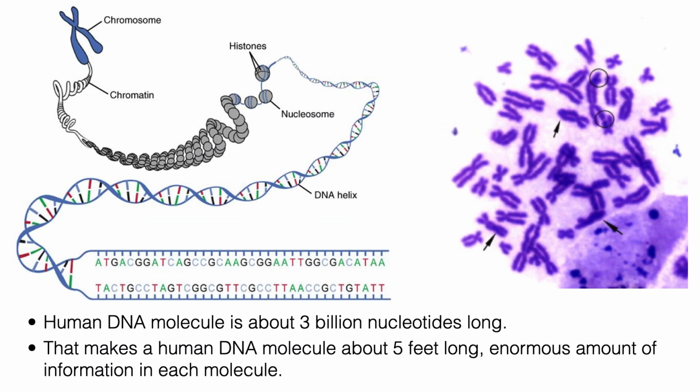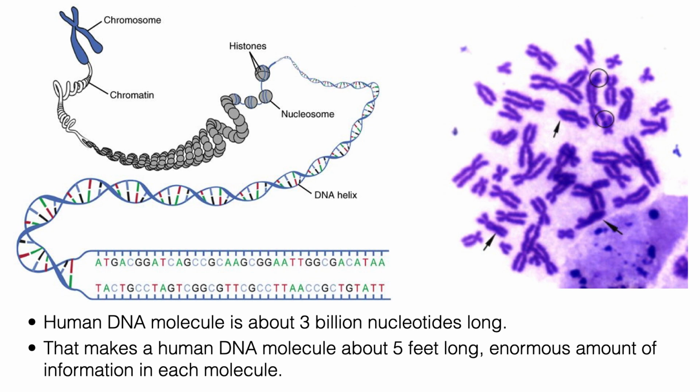To kind of wrap this up, these molecules, they're enormous. A DNA molecule has 3 billion nucleotides, enormous molecules. That is about, if you were to actually have it stretched out in a linear fashion, over 5 feet long. And yet we got to get this thing compressed down into that tiny nucleus of the cell.